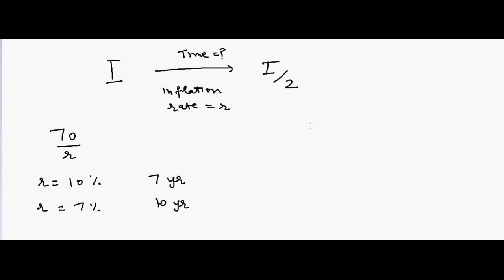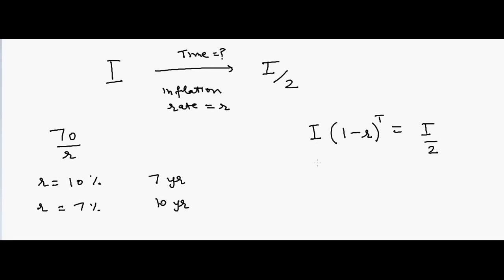Let's try to solve the same problem with a general approach. We have an investment and we have an inflation. So we say I times (1 minus r) to the power t, where the inflation is compounded every year, and that should be equal to I divided by 2, right?